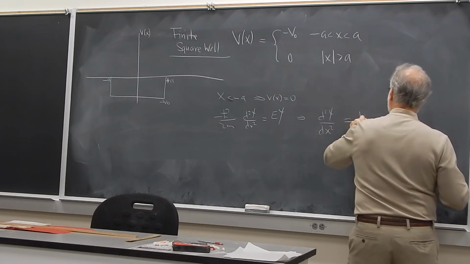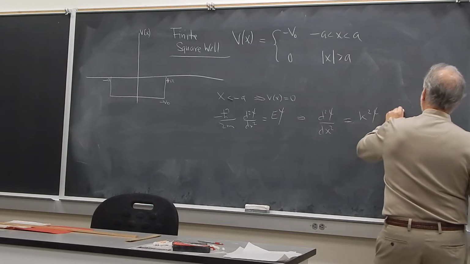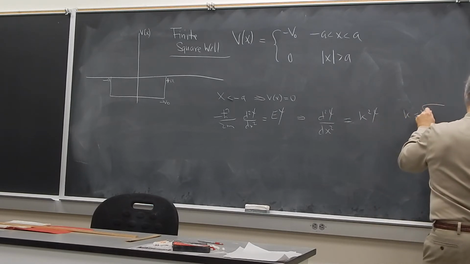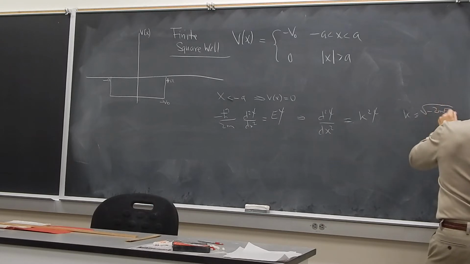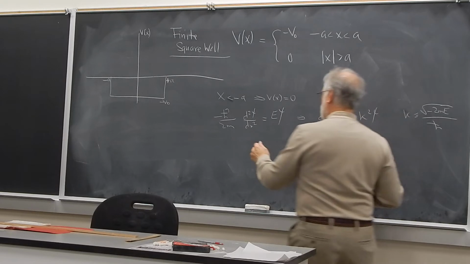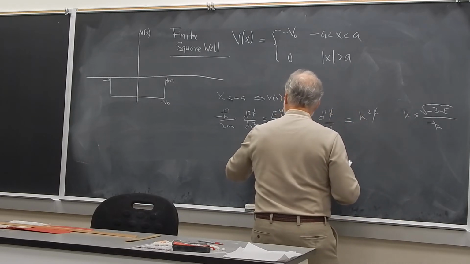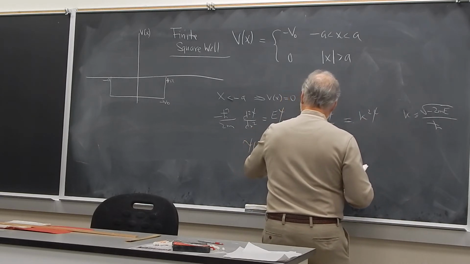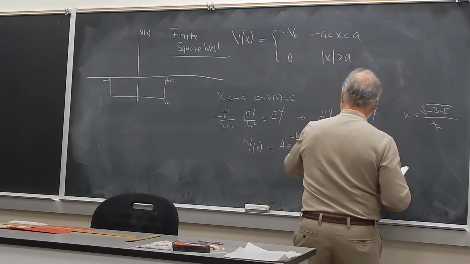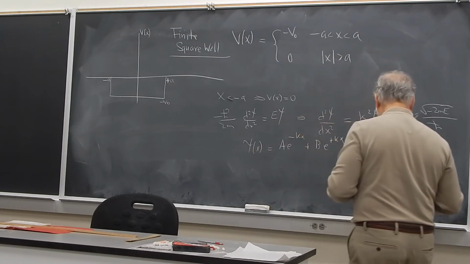Write this as the second derivative of psi with respect to x is equal to kappa squared psi, where I'm going to define kappa as the square root of minus 2mE over h bar. The solution, of course, again, is psi of x equals A e to the minus kappa x plus B e to the plus kappa x.